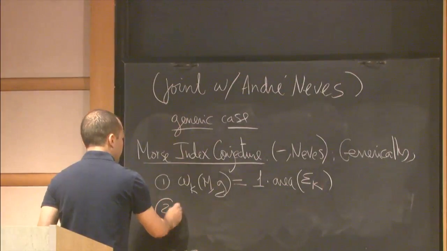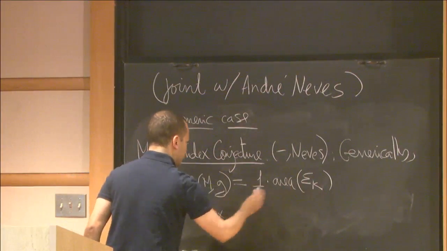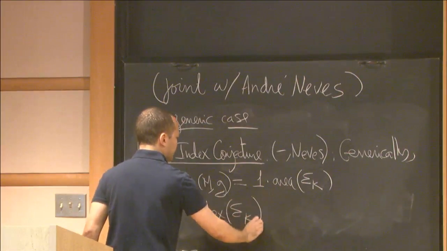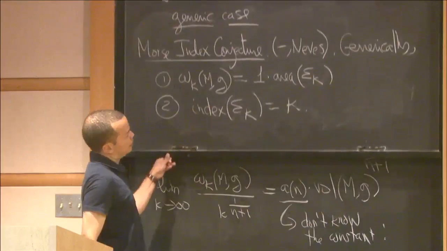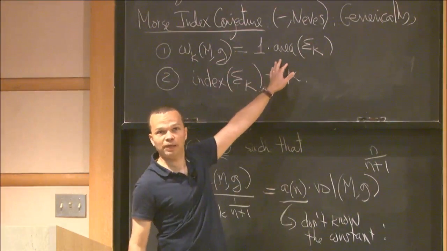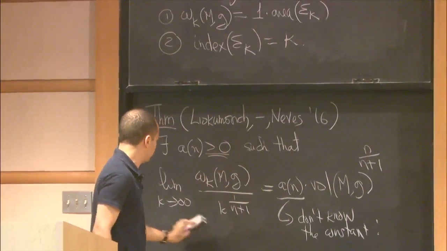And secondly, the Morse index of that surface should be exactly equal to k. I mean, multiplicity 1 is not going to be true for general metrics.